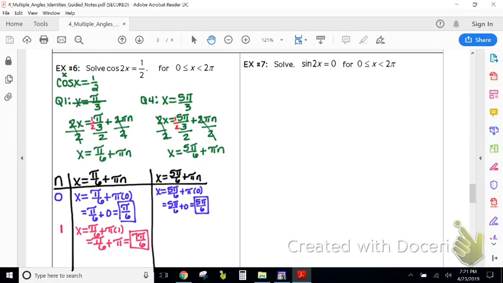So it's also an answer. Plug in n is 1 into the other equation. So we end up with 5 pi over 6 plus pi, which is? 11 pi over 6. Good. Is that between 0 and 2 pi? Yes. 2 pi is 12 pi over 6, okay.